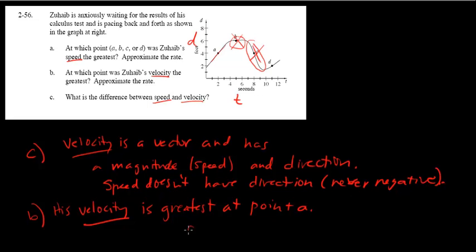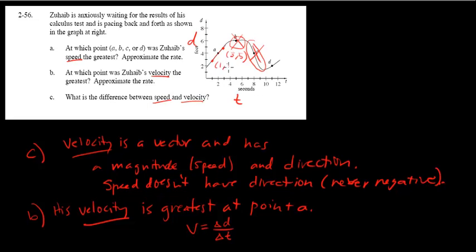So V is equal to our change in distance over change in time with direction. We know it's positive here, or it's away from his starting point. And we could pick 2 points. So I'm going to pick 3, 5 and 1, 3.